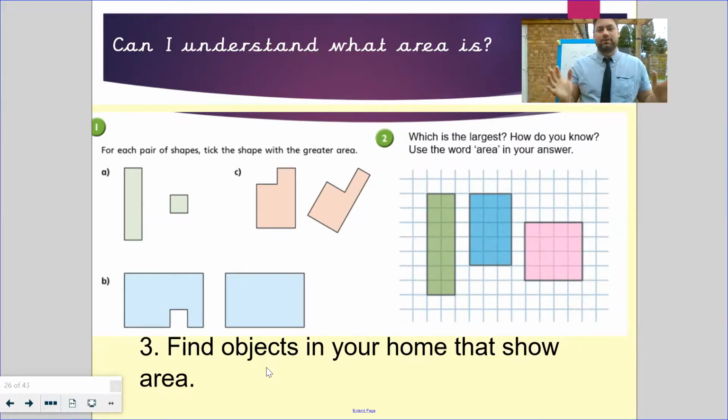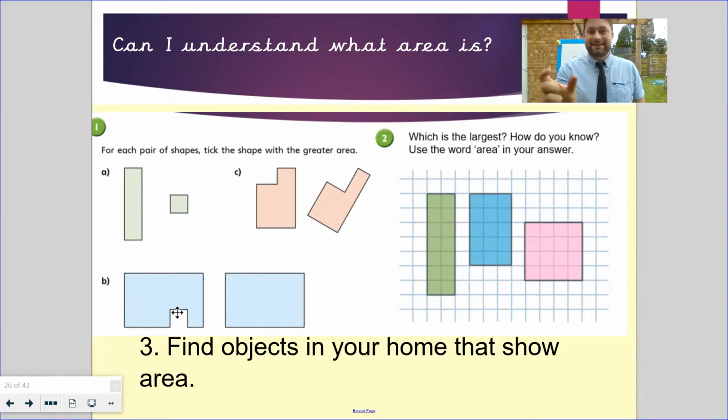Okay, so I'm going to go through the answers very quickly now. So for question 1, obviously this shape looks a lot bigger, doesn't it? And this shape here is very small. So you would think that A would have the greater area. For B, the rectangles look exactly the same. However, this one has a little bit taken out of it.